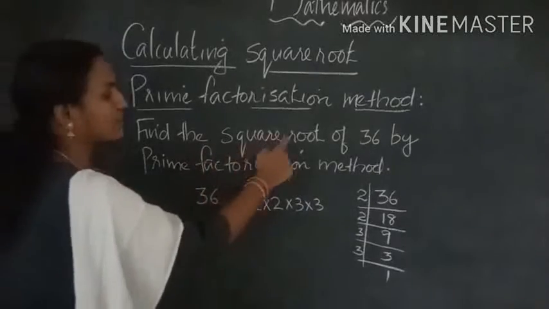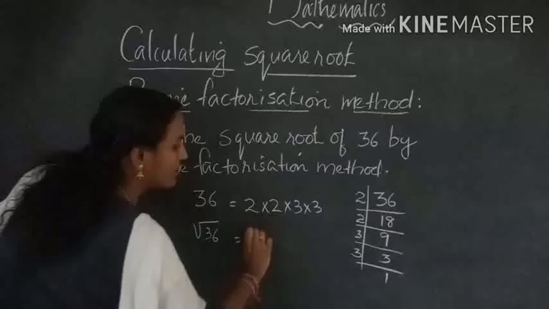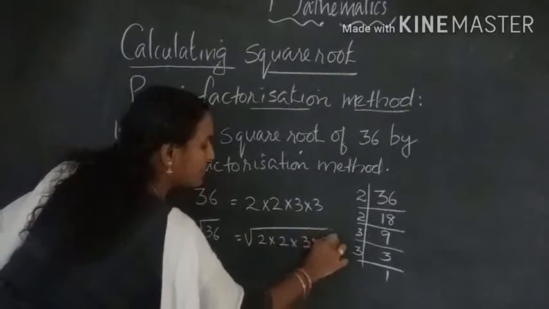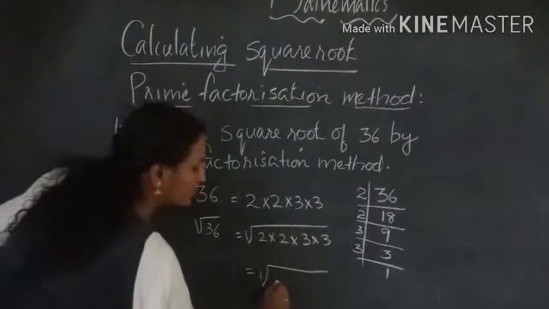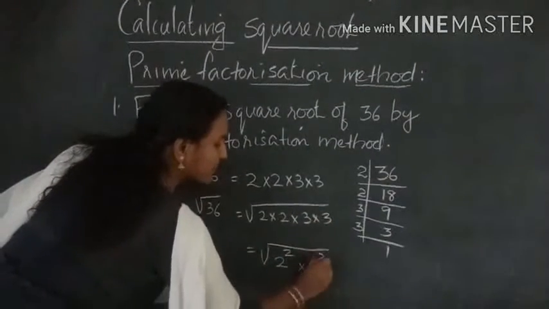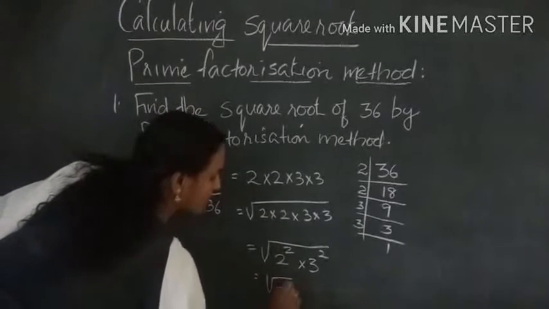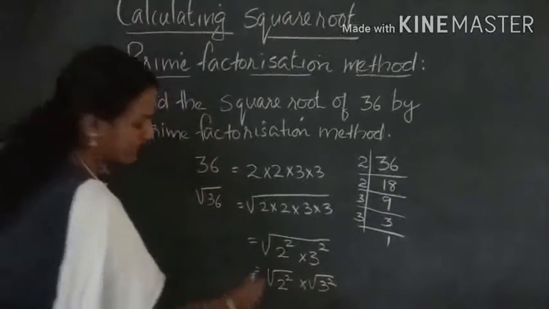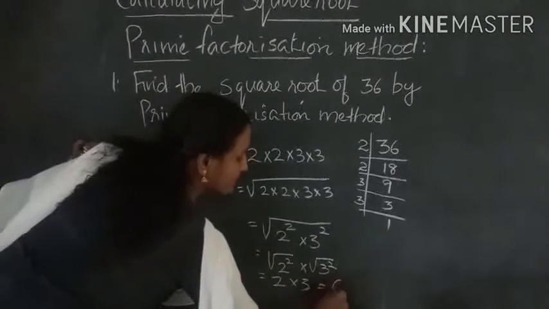We have to find the square root of 36. So root of 36 is equal to square root of 2 into 2, 2 square, into 3 into 3, 3 square, is equal to root 2 square into root 3 square, is equal to 2 into 3, is equal to 6.